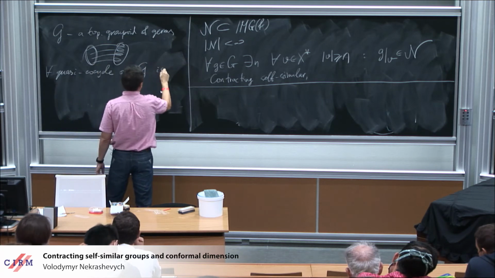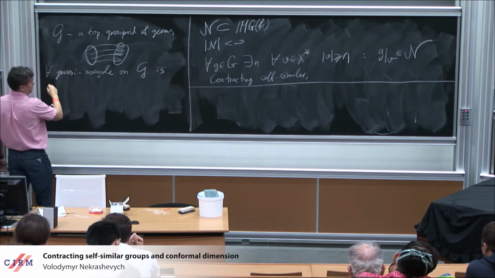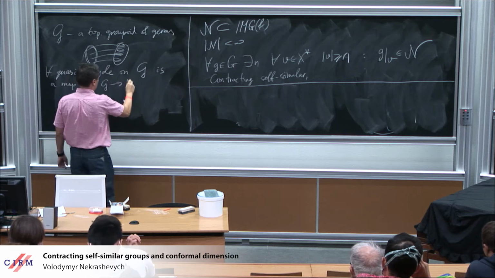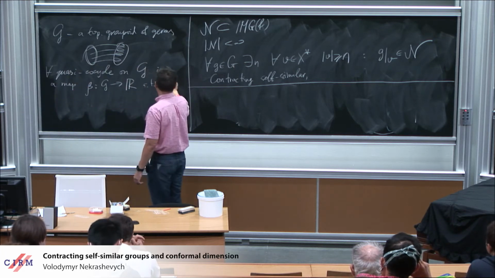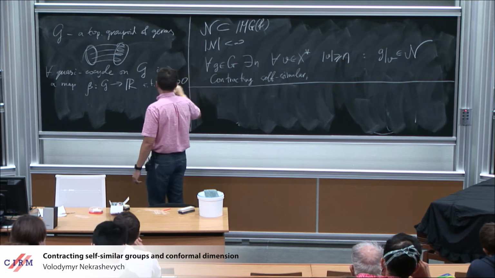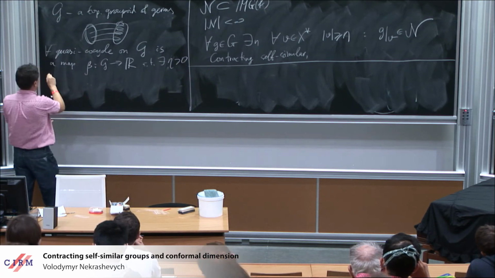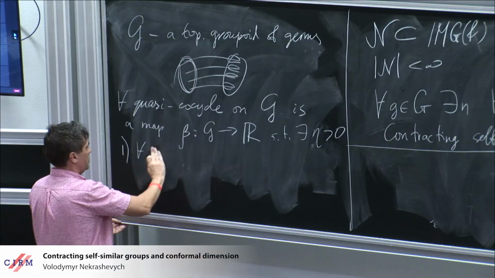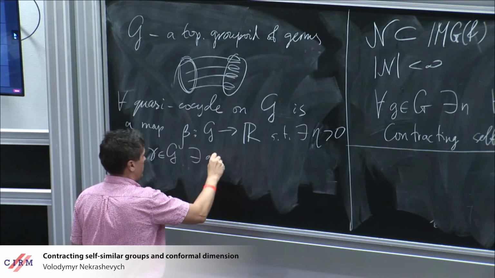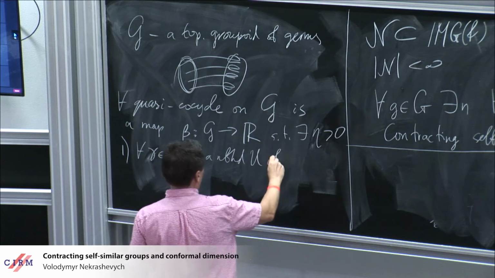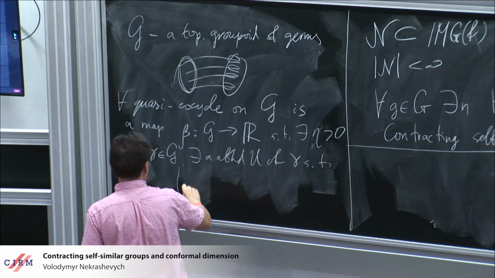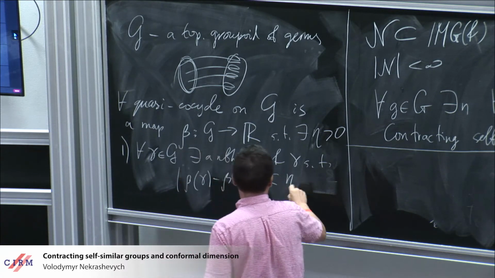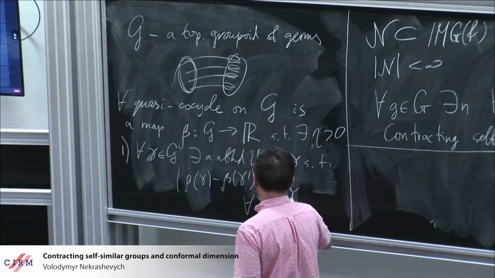And then a quasi-co-cycle on G is a map beta from G to R such that there exists eta greater than 0 such that, first, this is almost continuous in the sense that for every germ gamma, there exists a neighborhood U of gamma such that the values of beta vary at most by eta for all elements of this neighborhood.